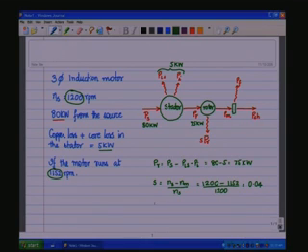So now what is S times PR? It is 0.04 into 75, which is equal to 4 into 0.75, which is 3 kilowatts. So this 3 kilowatts is the rotor loss, and what goes as the mechanical power will be 72 kilowatts.